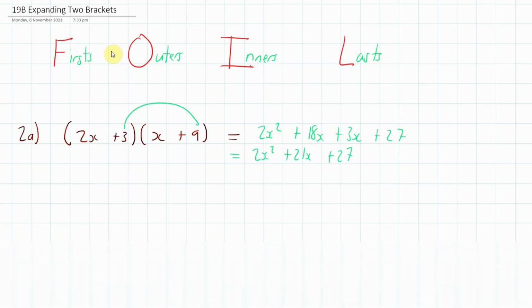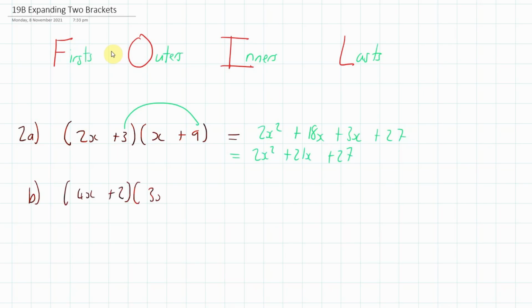Okay, now I'll try another one of these. Let's do B. Now B, we've got 4x plus 2 into 3x plus 5. Now let's go through that. We do our firsts, this one, and that's 12x squared.